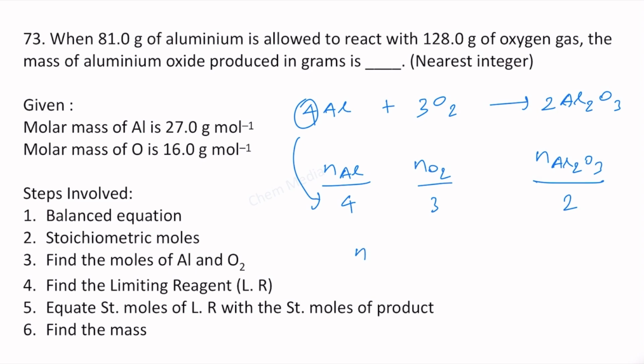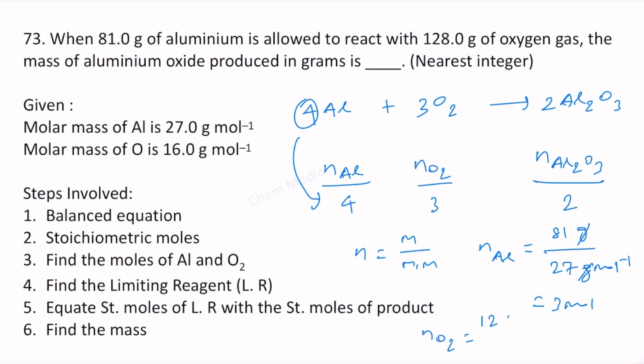Now let us find the number of moles of aluminium and O2 based on the weight given. We know that number of moles is equal to mass divided by molar mass. Therefore, number of moles of aluminium is equal to mass given, 81 gram, divided by the molar mass of aluminium, 27 gram per mole, and therefore this will be 3 moles. How about O2? Number of moles of O2 is equal to mass given, 128 gram.